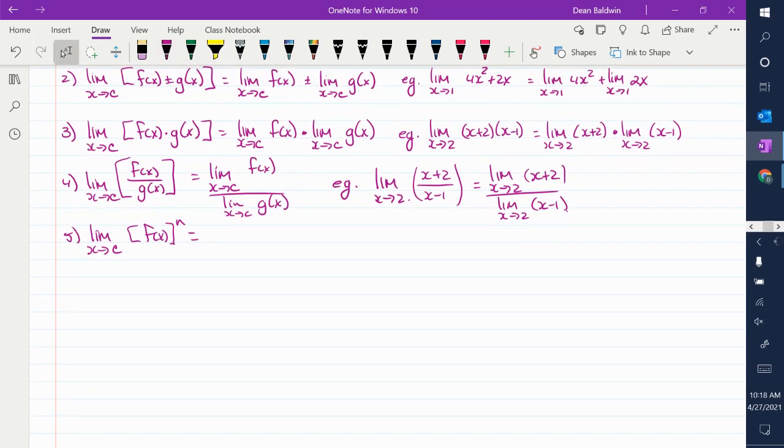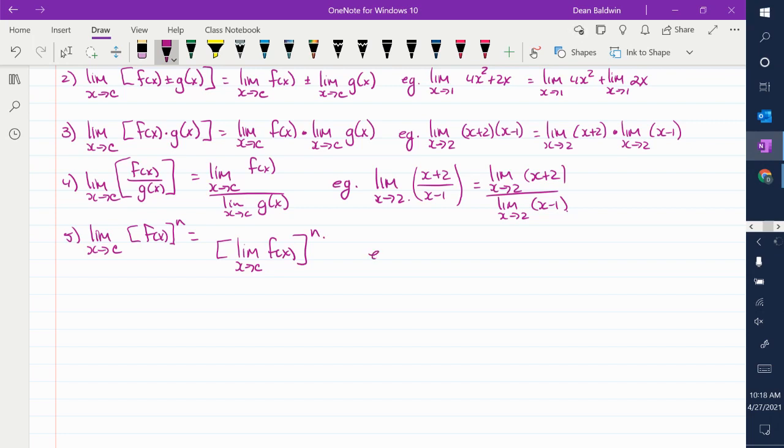And the final one, if your function is raised to a power, which is the n here, you can just ignore that power. Ignore is the wrong word, but pull it outside. So rewrite it as the limit of the inside, the simple function f of x, whatever answer you get, then you raise it to that power.